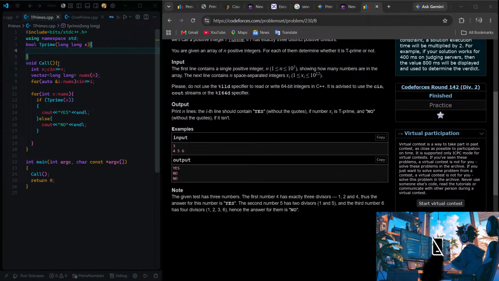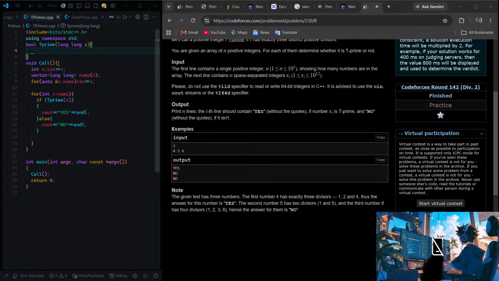So if this is 10 to the power 12, will I create an array of 10 to the power 12 size for checking if that number is a prime or a distinct?